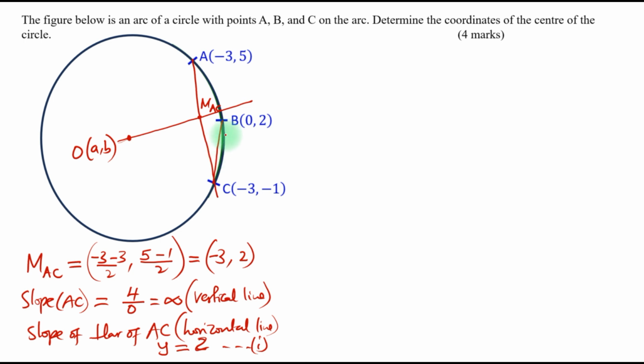For BC, we again get the midpoint of this chord BC, and if we bisect it, the line always passes through the center. So we need to get the midpoint of line segment BC, then we get the equation of the perpendicular bisector of BC.